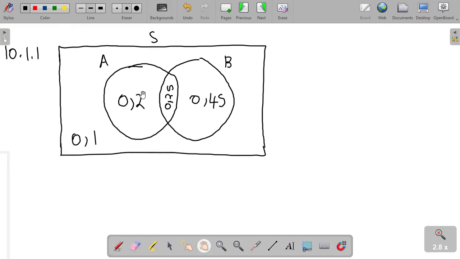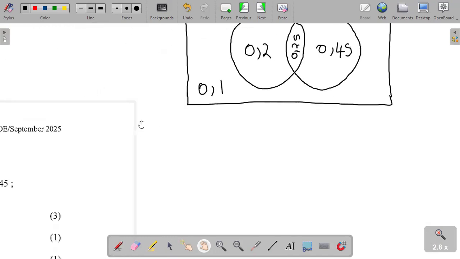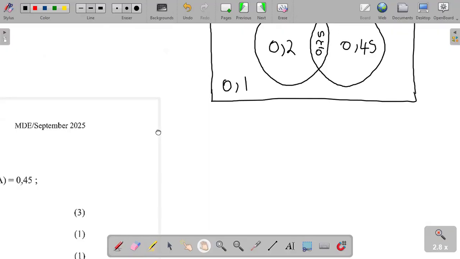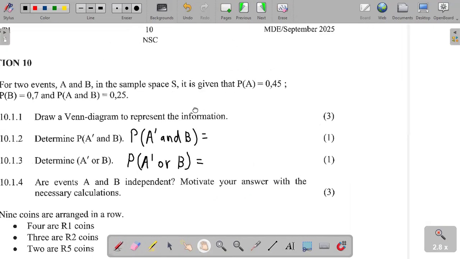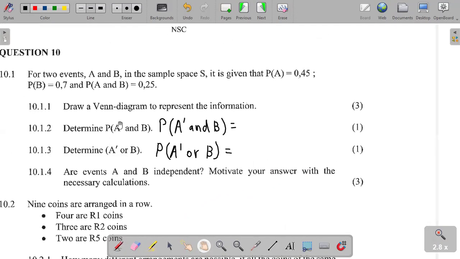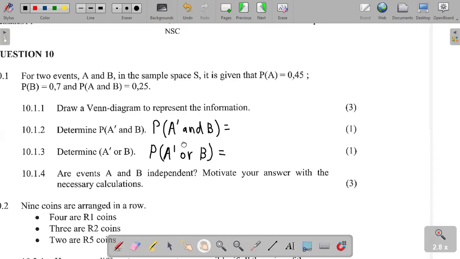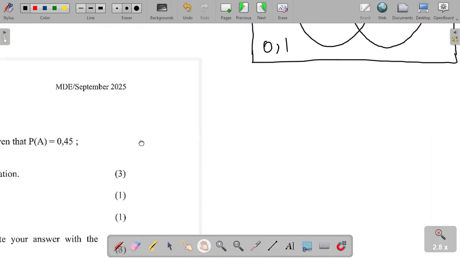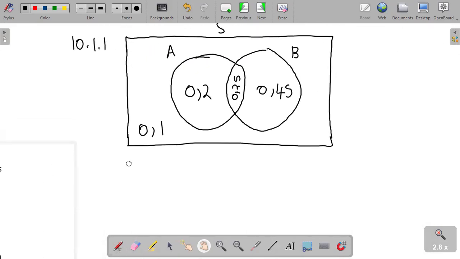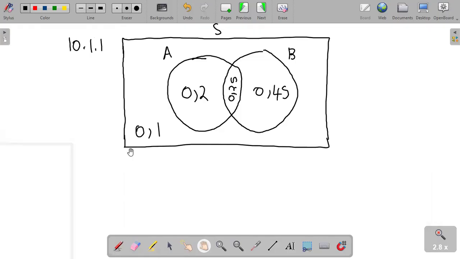Okay, so in this case, for 10.1.2, they're saying not A and B. Oh no, they're saying A complement, the complement of A and B. So the complement of A and B, it's gonna be this side, isn't it?